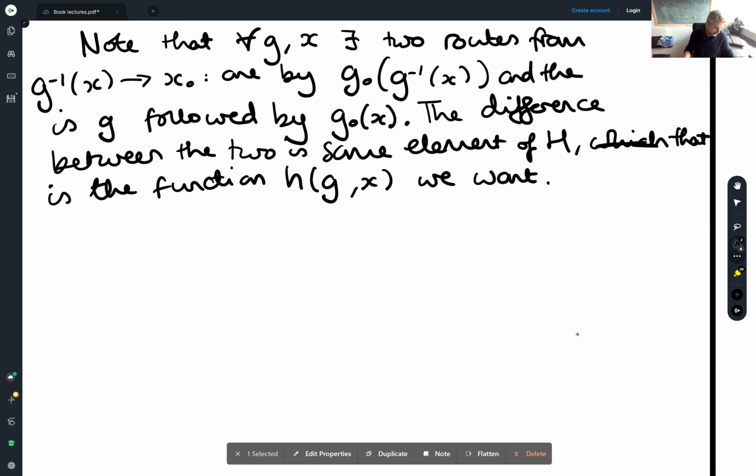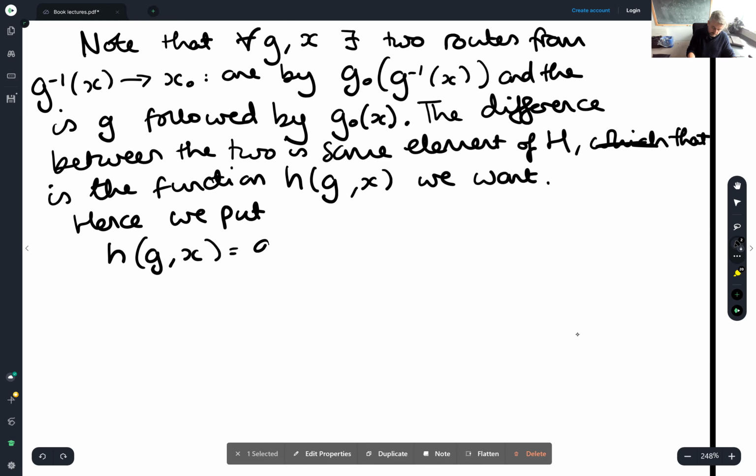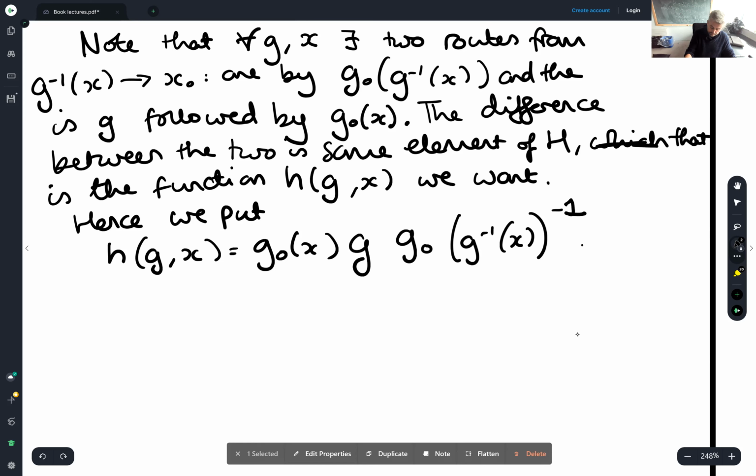Now, if you substitute h of g, x equal to g0 of x, g0 of g to the minus 1 of x, so g0 to the minus 1, into the co-cycle condition, you'll see that it does indeed solve it.